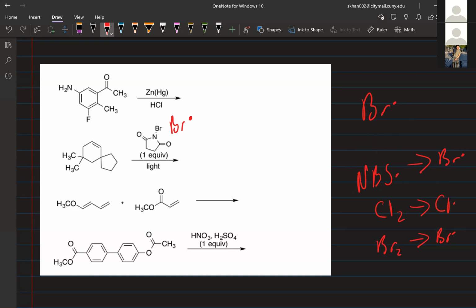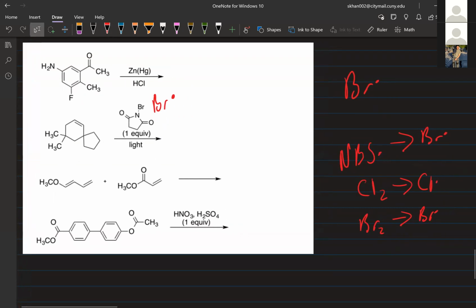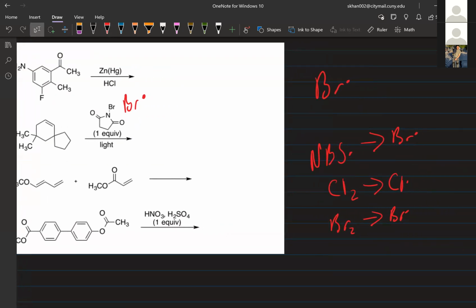Bromine gas and chlorine gas, for the most part, people don't really like working with them because they are toxic, right? And it's hard to work with, especially bromine, right? That's why NBS was developed, specifically for allylic and benzylic radical reactions, right? It's a much less toxic reagent to work with, right?